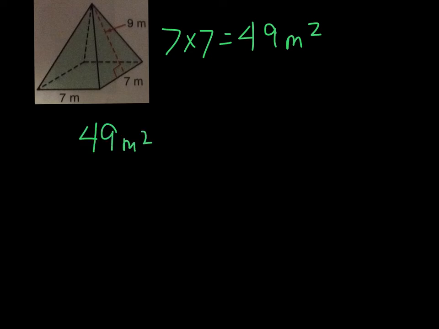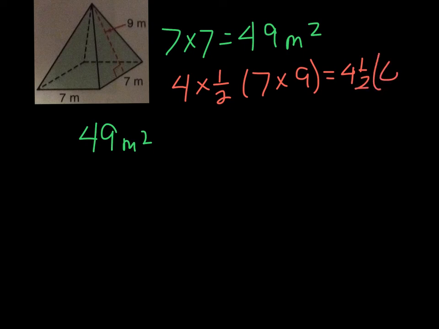And then I need to figure out the area of one of the triangles, and that would be 4, because there's 4 of them, 4 times 1/2 of 7 times 9. So that equals 4 times 1/2. 7 times 9 is 63.